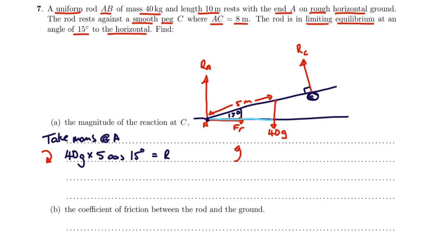Now notice that RC is acting perpendicular, so therefore that will try to turn us anti-clockwise. So that will be RC times by, well, we know that the distance A to C is 8, and you can see from that the only thing that we don't know is RC.